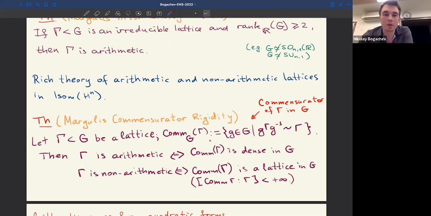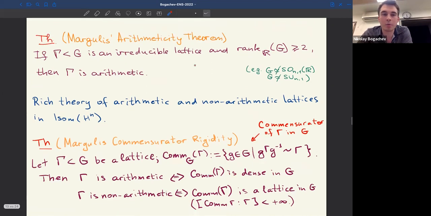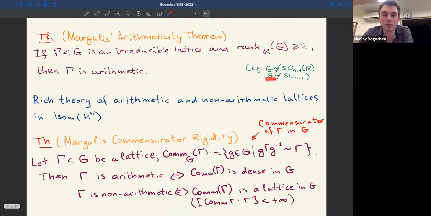This theorem works in the rank 1 case too, but the above theorem doesn't work in these cases. So the behavior of the commensurator is very rigid.